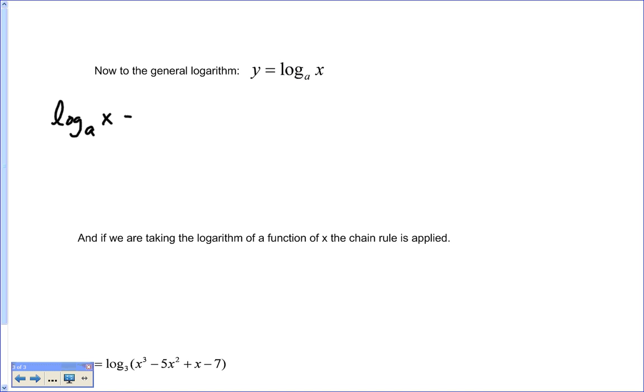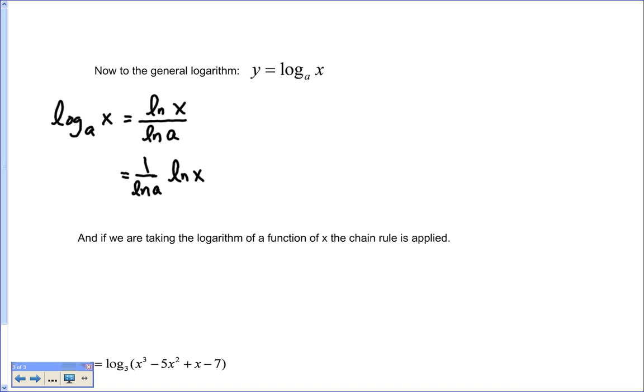We're going to rewrite this as the natural log of x over the natural log of a. And that's actually equal to 1 over the natural log of a multiplied by the natural log of x. If we were dividing by 2, it's the same thing as multiplying by 1/2. We're dividing by natural log of a, so it's going to be 1 over natural log a. Remember, a is a numerical value, so natural log of a is also numerical.